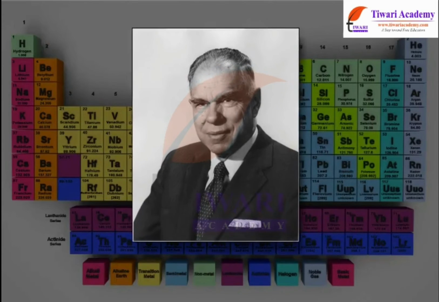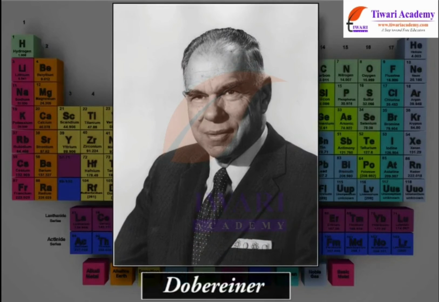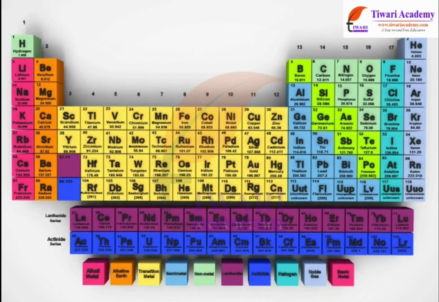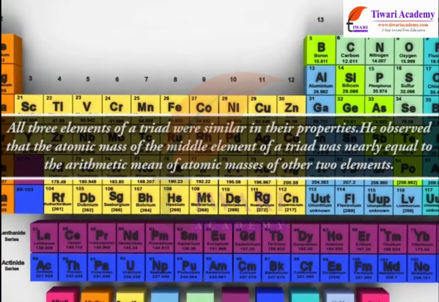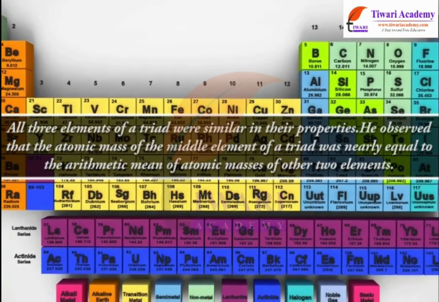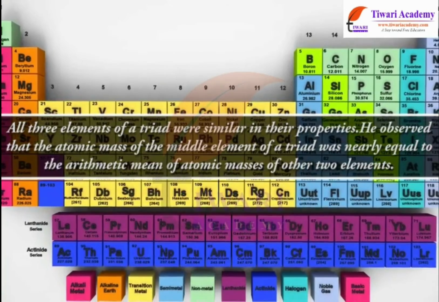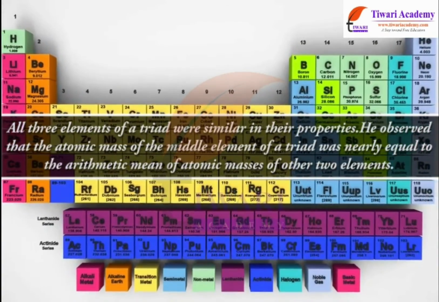In 1829, Dobereiner, a German scientist, made some groups of 3 elements each and called them triads. All 3 elements of a triad were similar in their properties. He observed that the atomic mass of the middle element of a triad was nearly equal to the arithmetic mean of atomic masses of the other 2 elements.